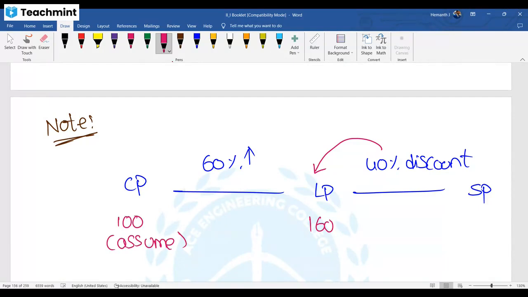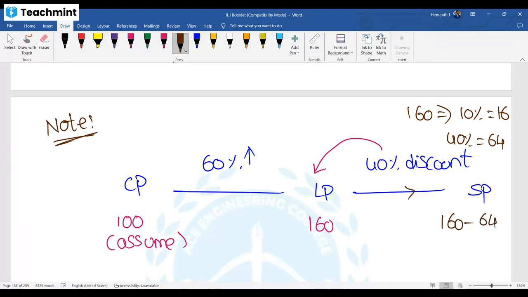What is 10% of 160? 10% means dividing by 10, so 16. 40% means multiplying by 4, so 64. So 160 minus 64 or plus 64? Minus 64. What is the selling price? 96 rupees. Loss, since the selling price is less than the cost price.